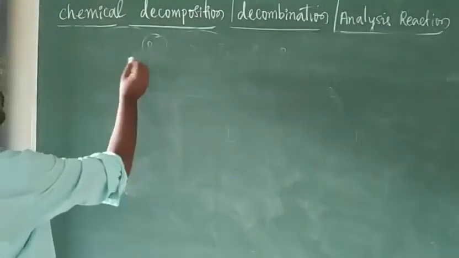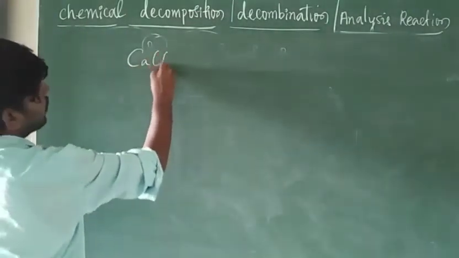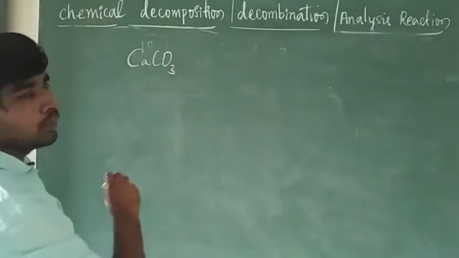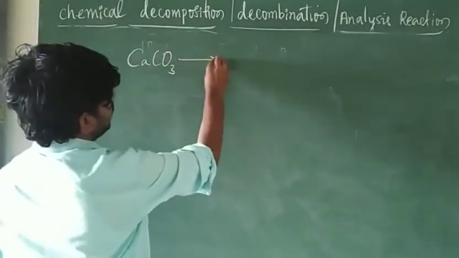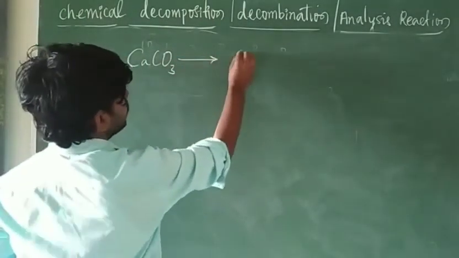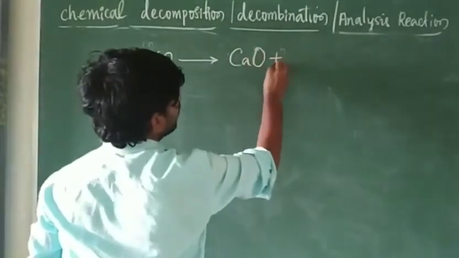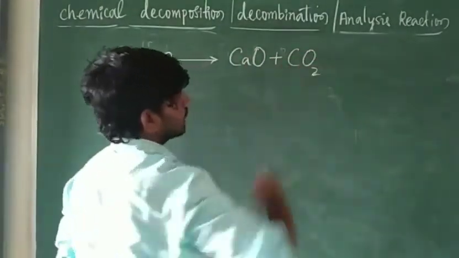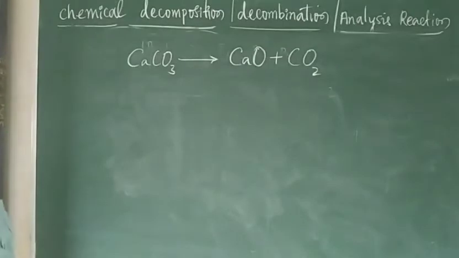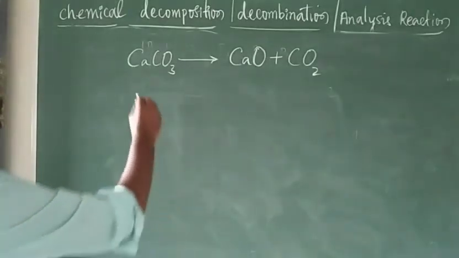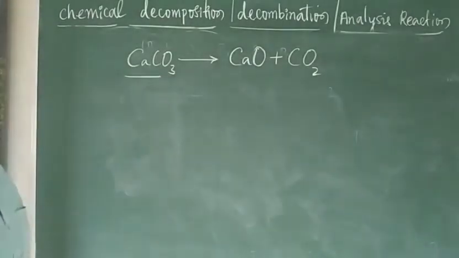Example, calcium carbonate, CaCO3. When we are heating the CaCO3, it is going to form calcium oxide and carbon dioxide. Here how many reactants are there? Calcium carbonate is one reactant.